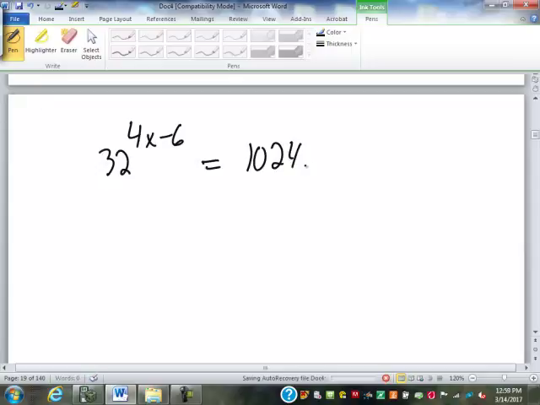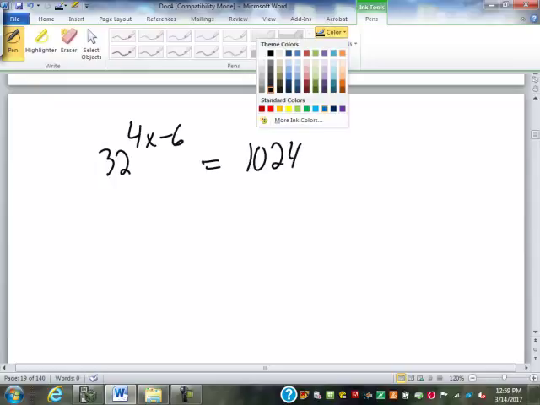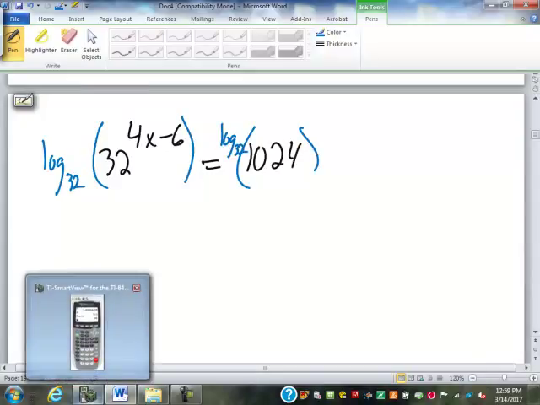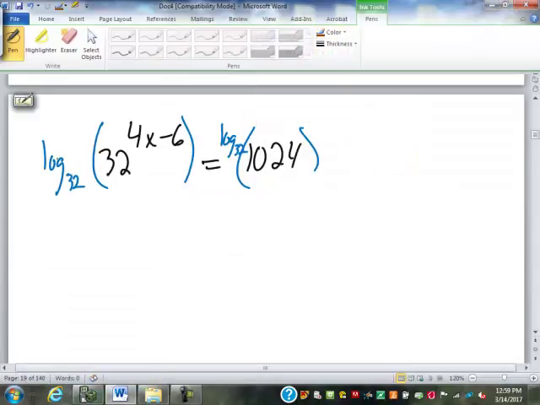This one's really an exercise in that change of base formula again. We've got to do a log base 32 here. So on this side, of course, log base 32 and the 32 cancel out. That's just going to be 4x minus 6.